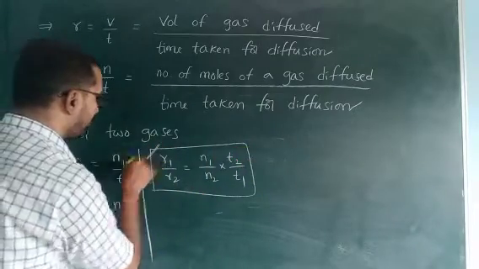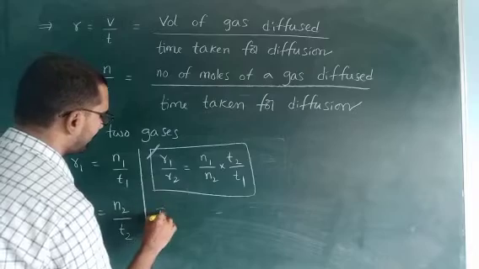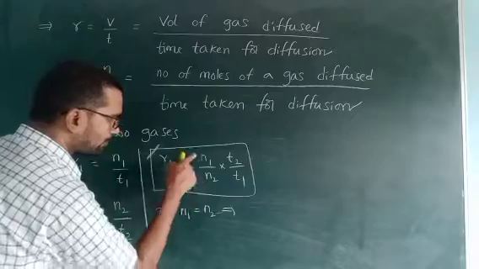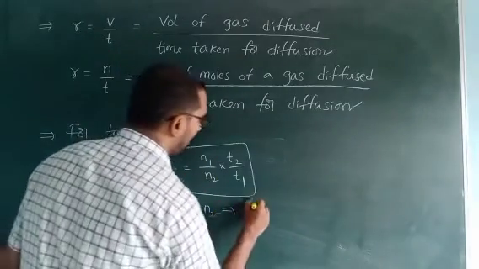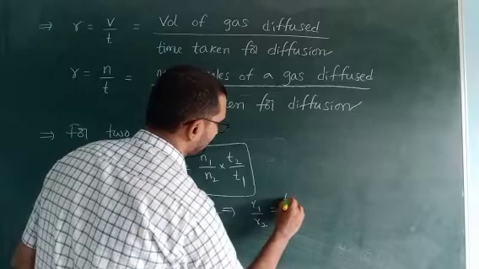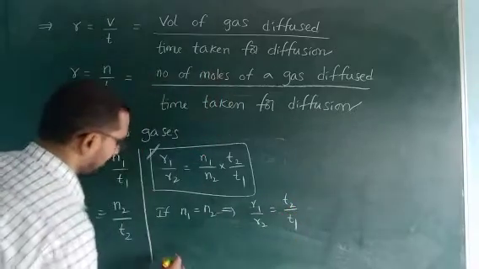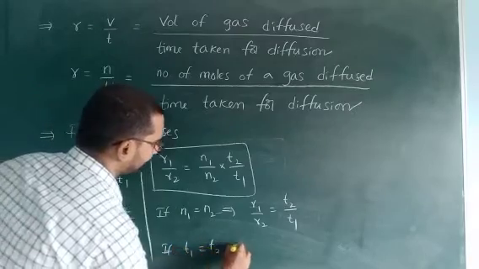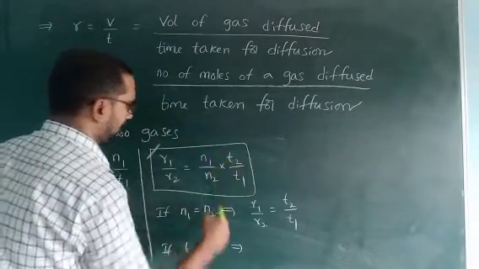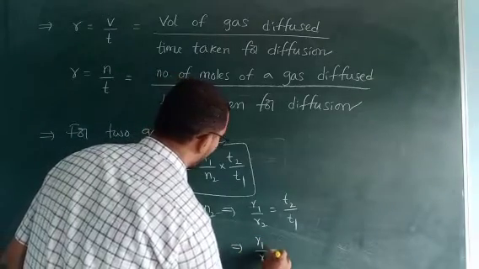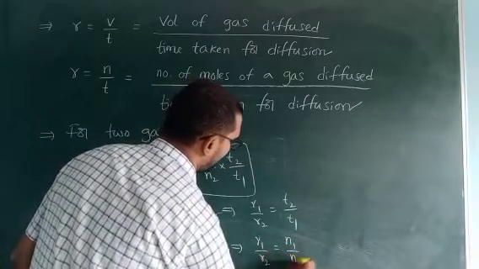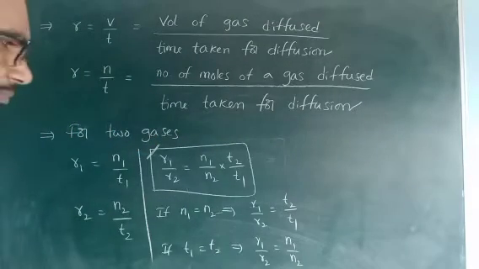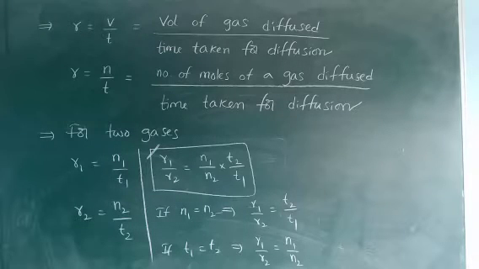These formulas are very useful for problems. If n1 is equal to n2, both are cancelled, then R1 by R2 is equal to t2 by t1. Next, if t1 is equal to t2, these two are the same so both are cancelled, R1 by R2 is equal to n1 by n2. These are the formulas. Write down all of you.